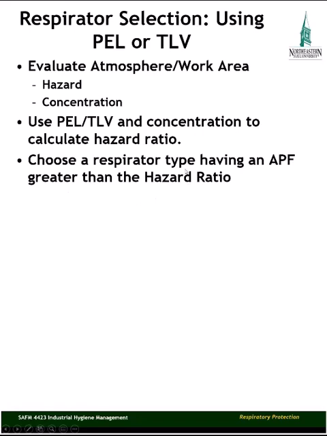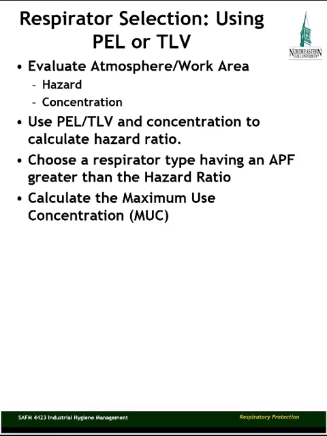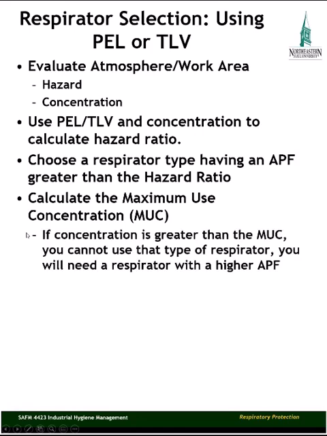Choose a respirator type having an APF greater than the hazard ratio. Calculate the maximum use concentration. If the concentration you're working in is greater than the MUC, you cannot use that type of respirator. You will need a respirator with a higher APF.